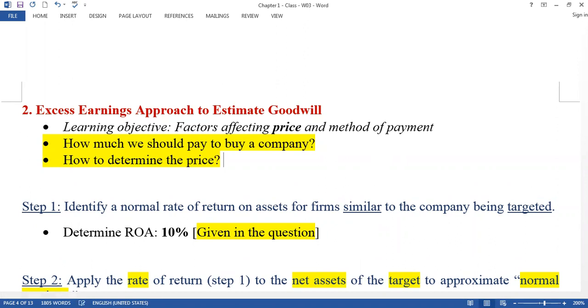So how to determine the price? What is the formula here? Can you remember? So it is something like equal net assets. So you are going to buy the net asset of the company, right? Plus you are going to buy their goodwill.